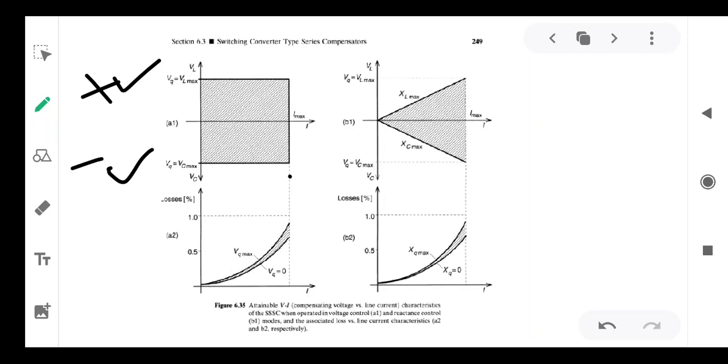When VQ is controlled in between 0 and the maximum value, this is the loss. Therefore, current I is plotted on the x-axis, losses are plotted on the y-axis. The loss portion is very low compared to the other devices. These left side curves are the VI characteristics and corresponding loss characteristics.